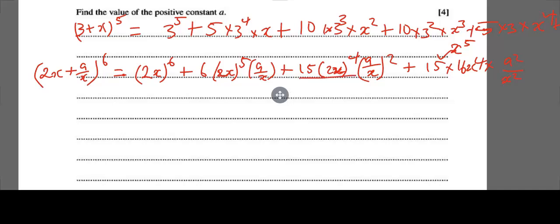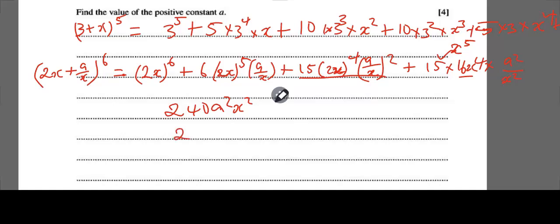We are working with the last one, so we have 15. 2 power 4 will give us 16x power 4. Then open this up, we have a squared x squared. So we can multiply 15 times 16, that will give us 240. So 240 a squared then x squared. So this is our coefficient.